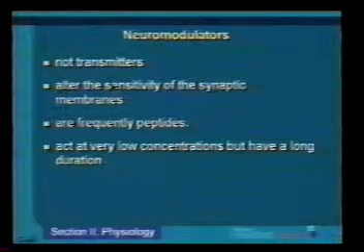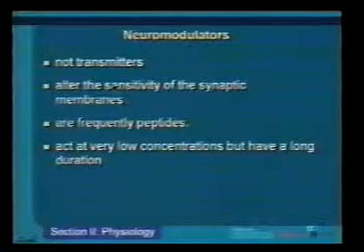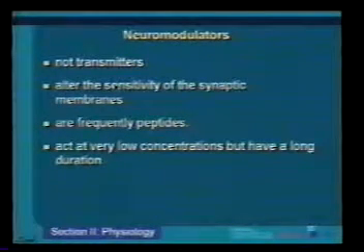So they alter the effect of the transmitter on the postsynaptic membrane, and therefore they alter the activity of the synaptic membrane. Now, these neuromodulators are frequently peptides released by the neurons, and a very small point is they do act at very low concentrations, but they generally have a long duration of activity.